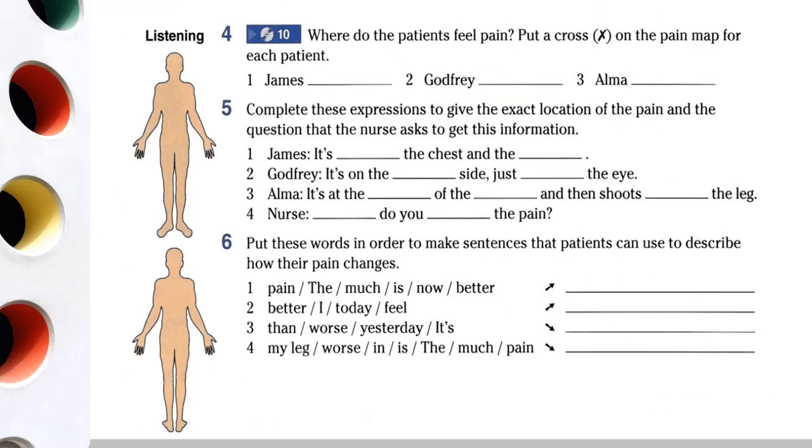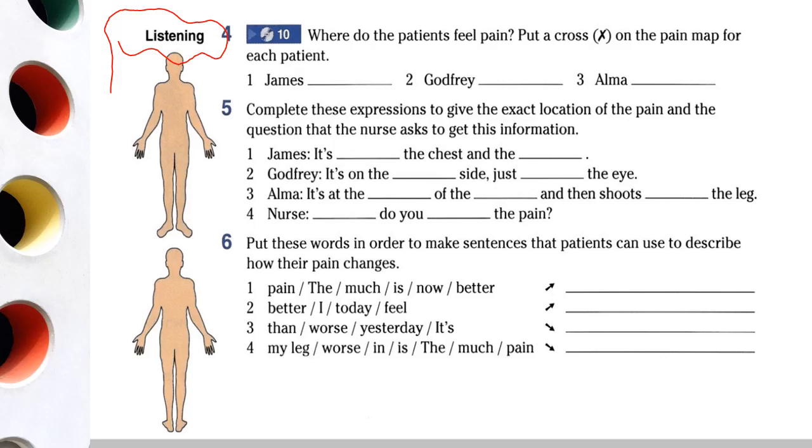Okay, so now we are going to move to some listening exercises. And I want you to notice that once you see this word at the beginning of any exercises in this part of Oxford English for Nursing, these exercises are not going to be answered without reading the audio script or without listening to some conversations.